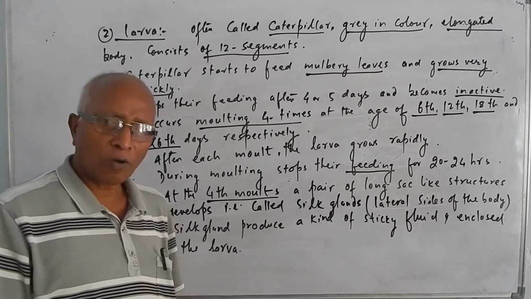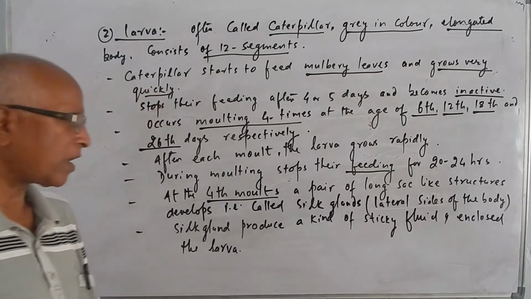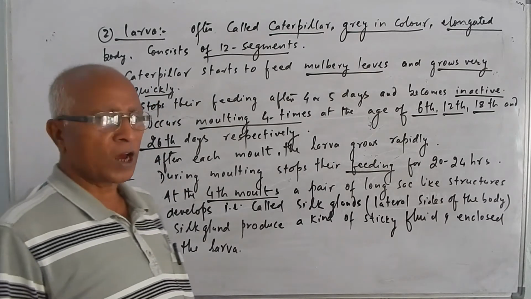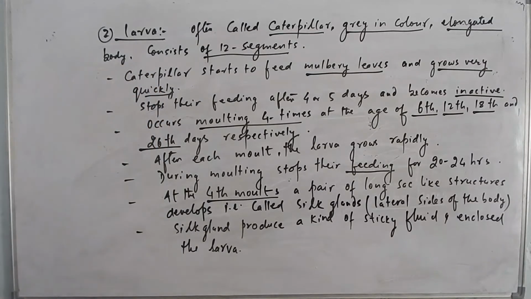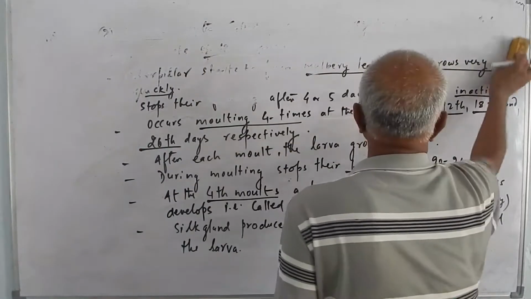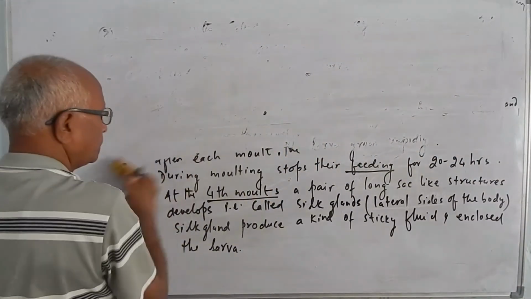This fluid covers the larva and after that it is converted into the pupa. This covering structure is called the cocoon.